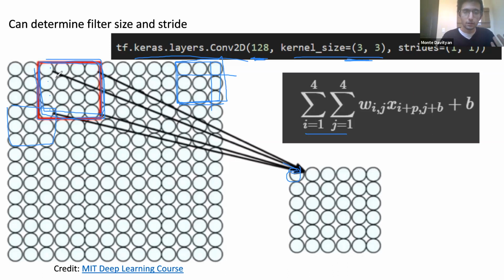For this particular portion of the image, we're going to take element 1 of 1, the first row element of the first column element, and multiply it by the first weight row element, by the first weight column element.